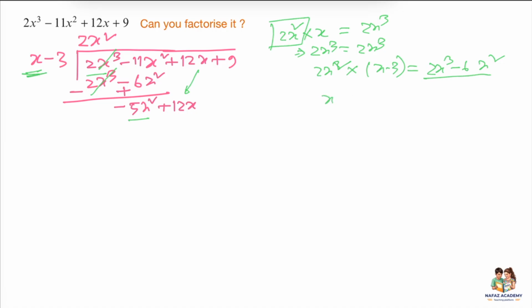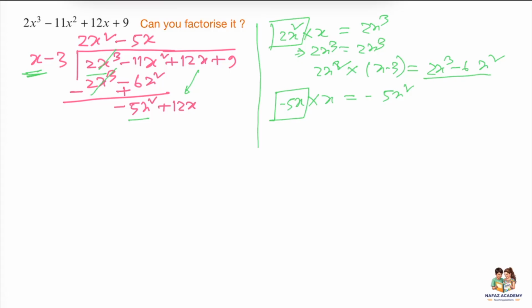You can bring down the 12x at first, then 9, or bring down all of them. Now our target is minus 5x squared and x, so we have to multiply by minus 5x to make them equal. So minus 5x is our quotient now.